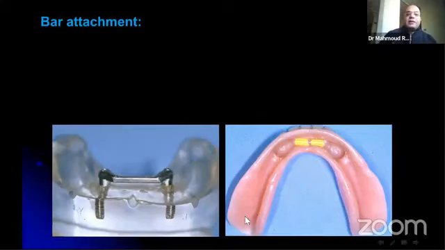Then we are talking about the bar attachment here. This is a bar connecting the abutments of the implants. We call it a splinting type of attachment, and the clips inside the denture base will be used to have a mechanical retention from this bar.